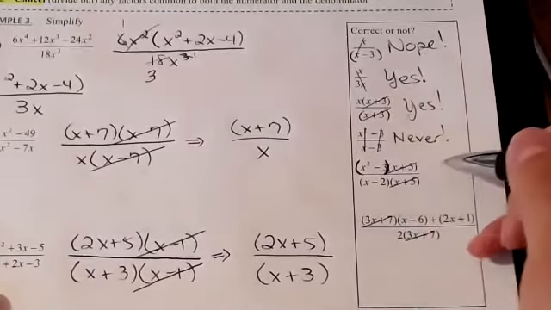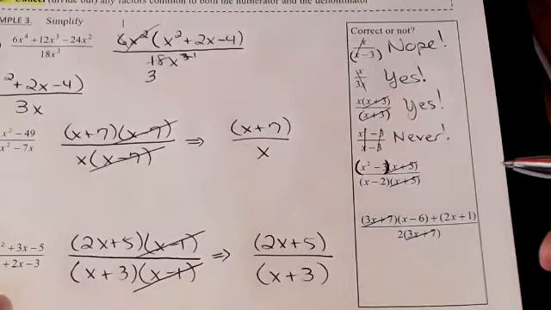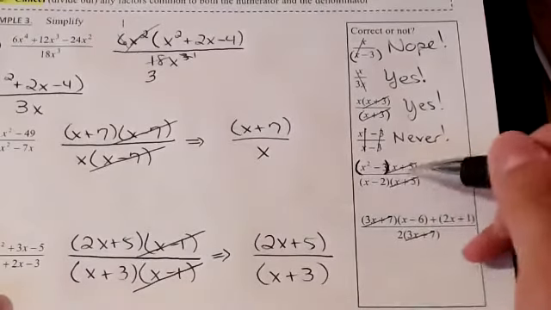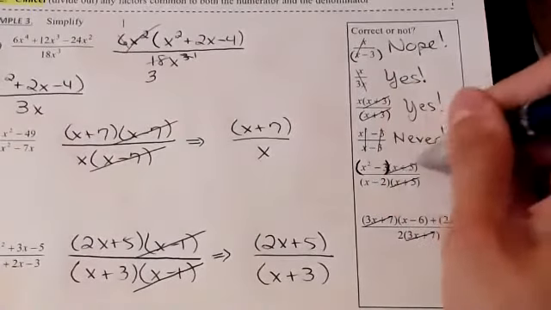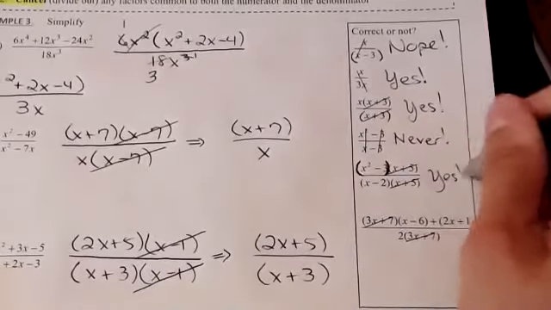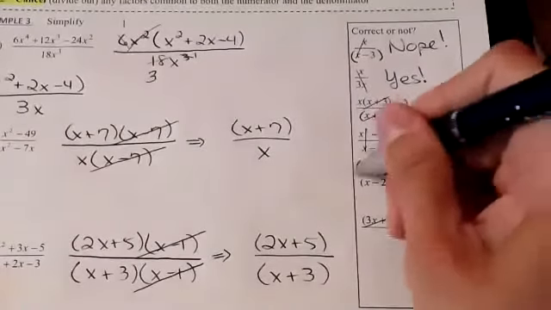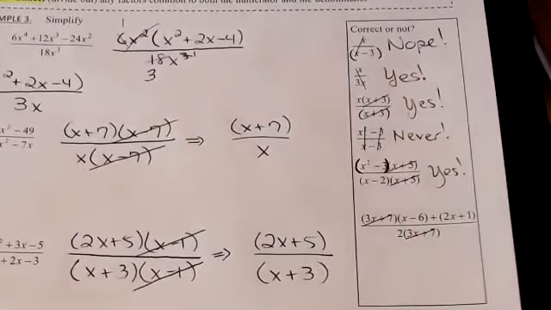Then we have x plus 5 as our second factor. In the denominator, we have x minus 2 as our first factor and x plus 5 as our second factor. Because we find an exact match, yes, we're allowed to do this.